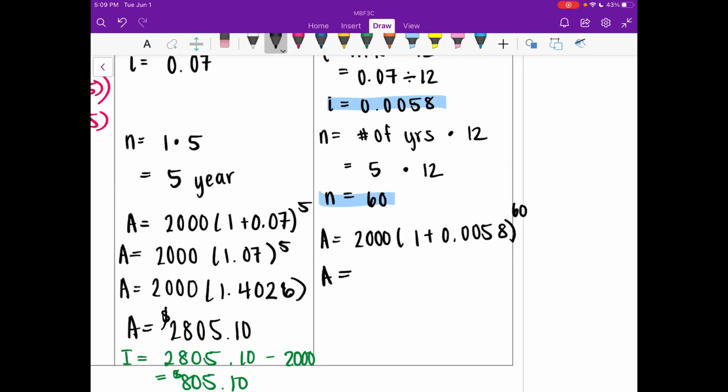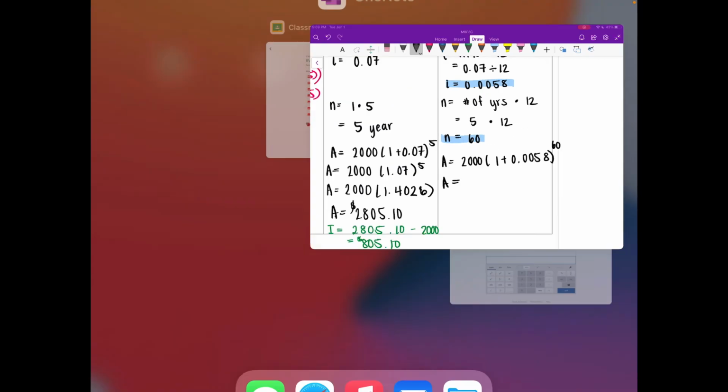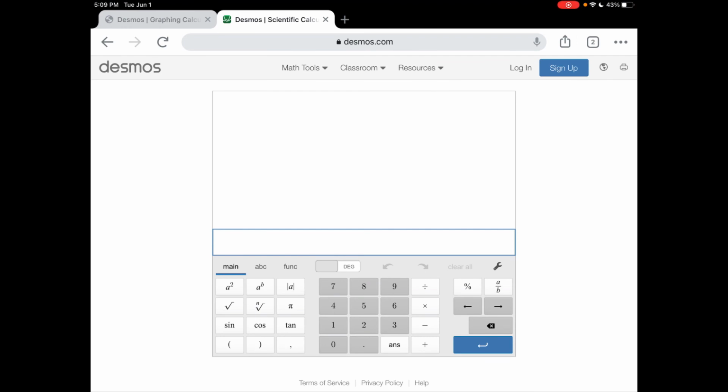So 2000 times, open bracket, 1 plus 0.0058, close bracket, to the power of 60.